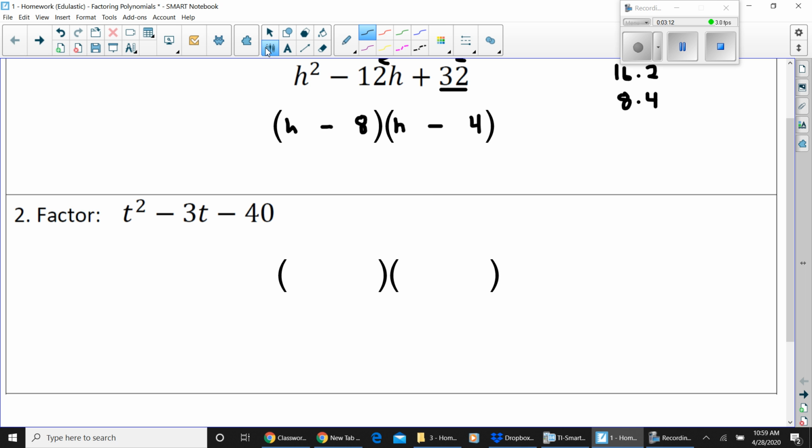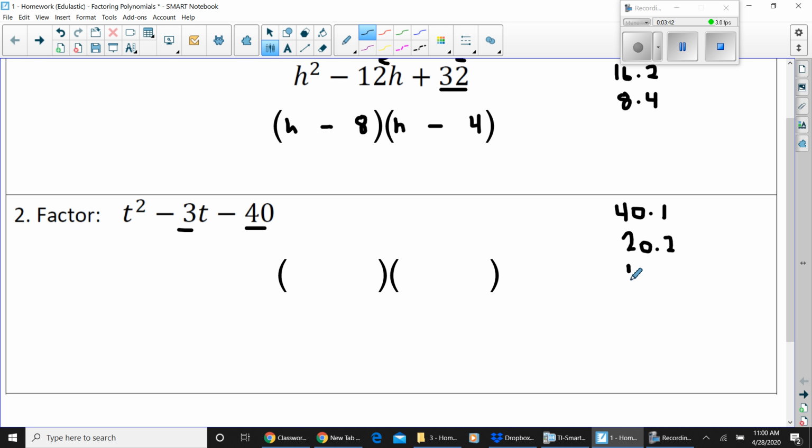Okay, so I am going to go ahead and take a look at 40 times 1. I'm going to write some factors down. 40 times 1 could make a 41 or a 39, so that's not going to work. 20 times 2 could equal 40 as well, but it will not add or subtract to 3 because that would add to 22 or subtract to an 18.